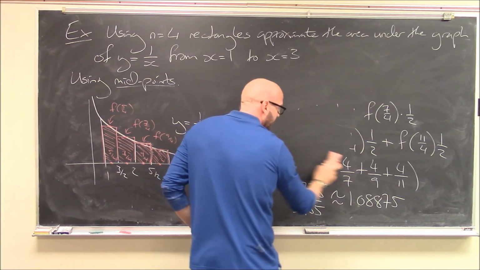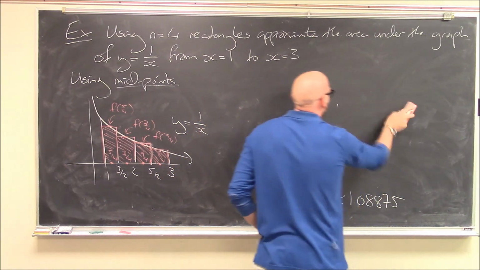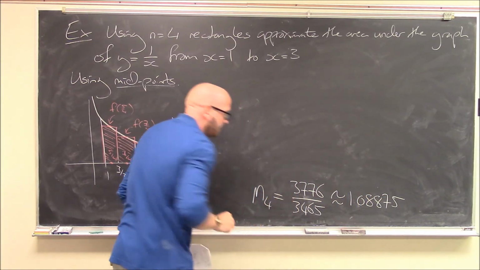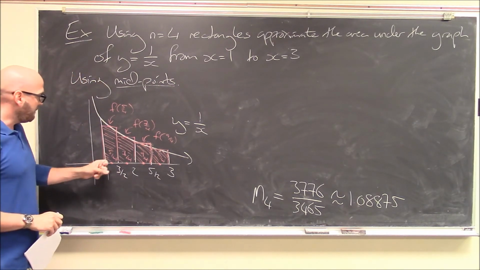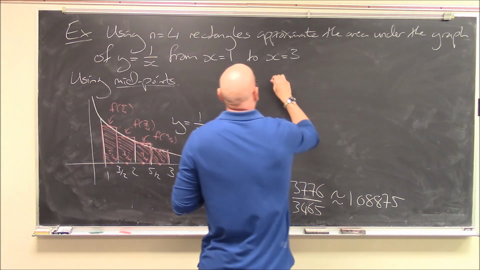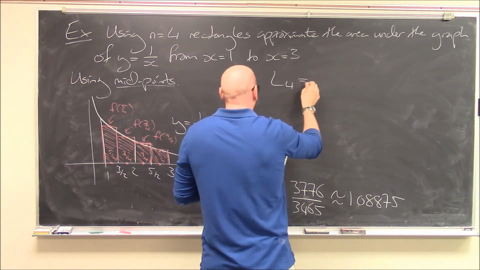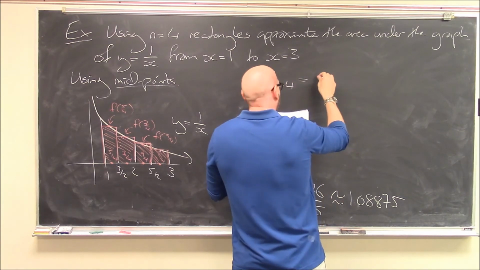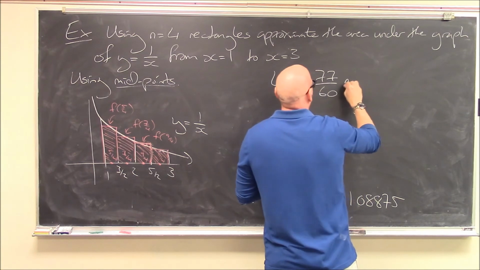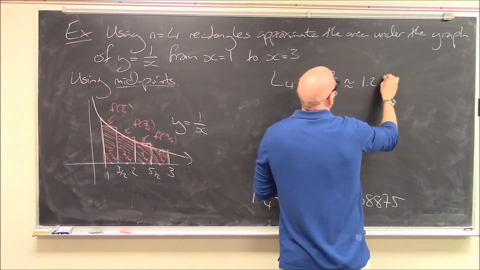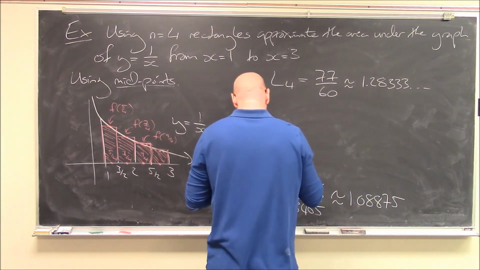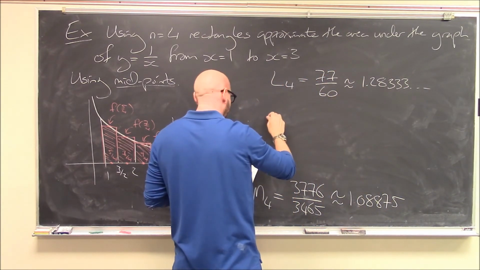But this guy was m sub 4, using midpoints. I've actually gone through and computed this using left endpoints and right-hand endpoints, so I'll tell you what these are. If you do L4, so 4 rectangles using left endpoints, I get exactly 77 over 60, which is 1.28333 recurring forever, so it's exactly equal to that.